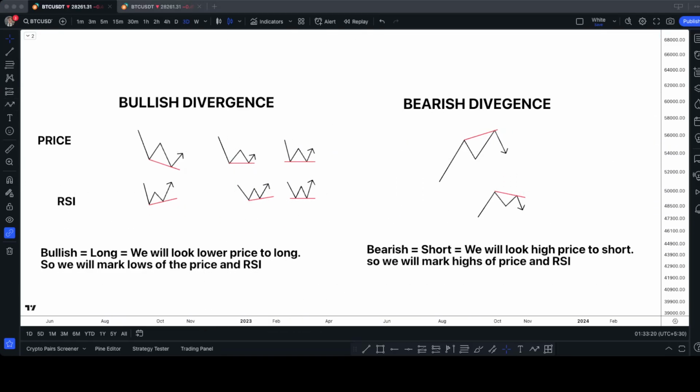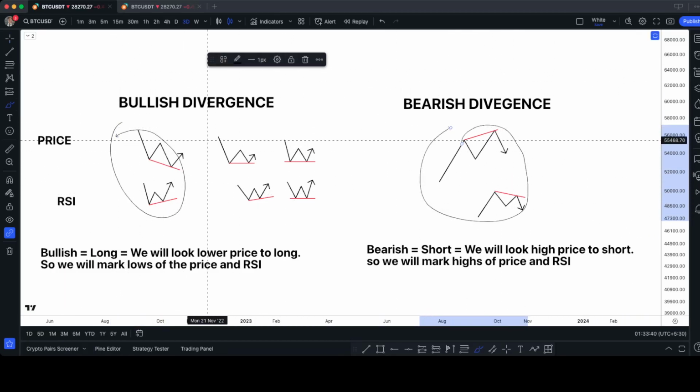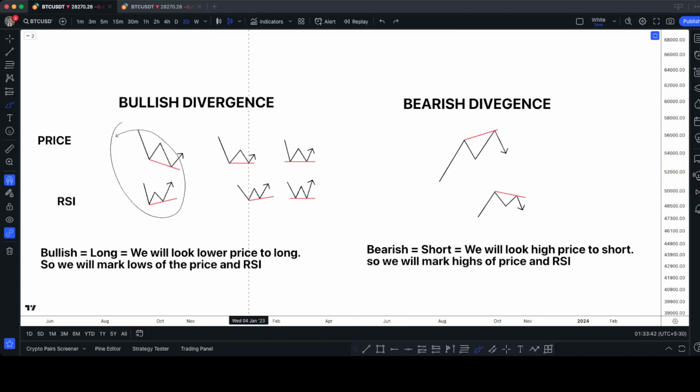And now what you need to understand here is, by understanding this you will cover everything. Then we just need to learn the hidden one. Here we can see the price is making lower low and the RSI is making higher high. So it is the most effective one. These two are the ones that I trade. I do not trade these other ones.